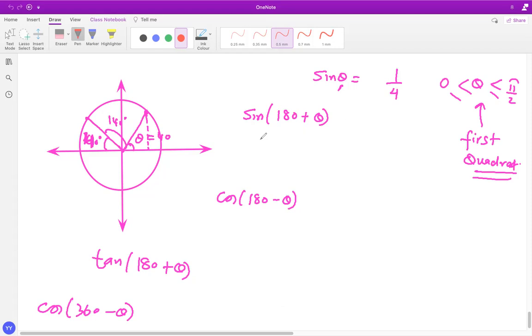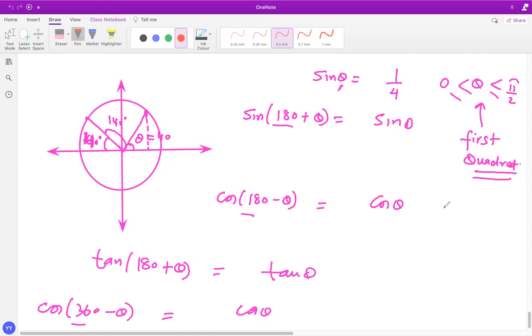When you find the ratios of these angles, which are multiples of 180, you can see 180, 360, these are the multiples of 180. So sine of 180 plus theta is sine theta. Blindly you can say cos of 180 minus theta is cos theta. This is the same as tan theta, and this is cos theta.